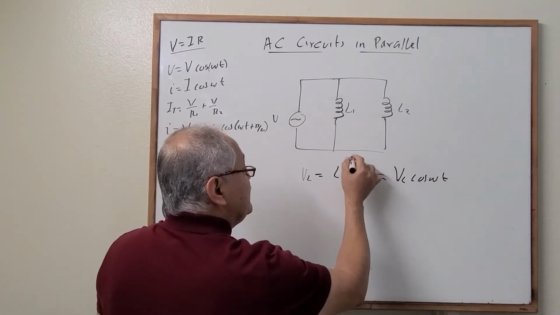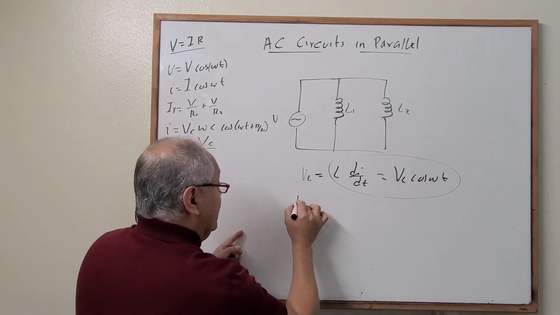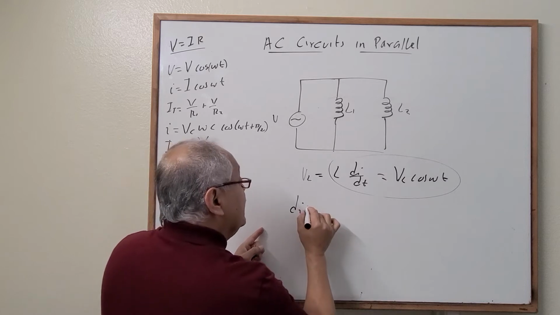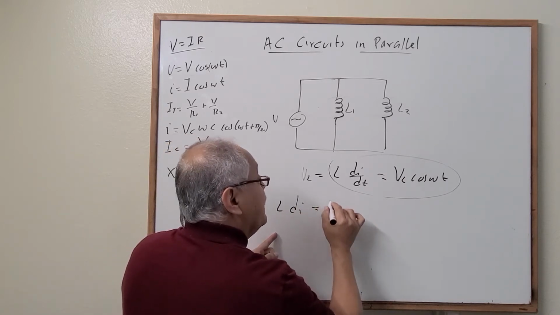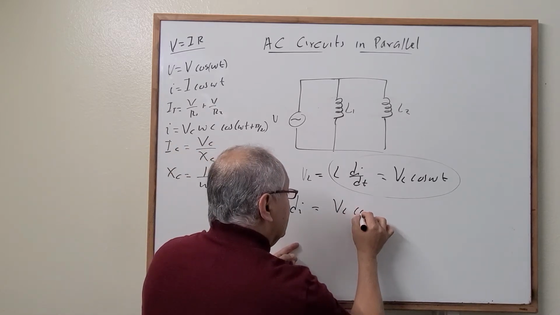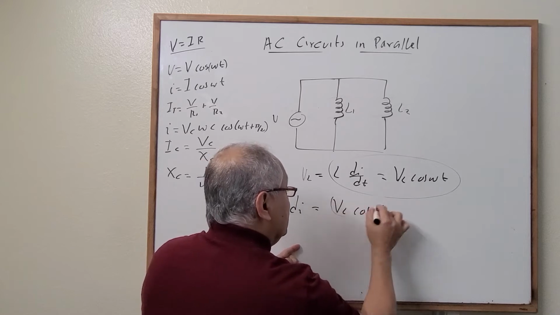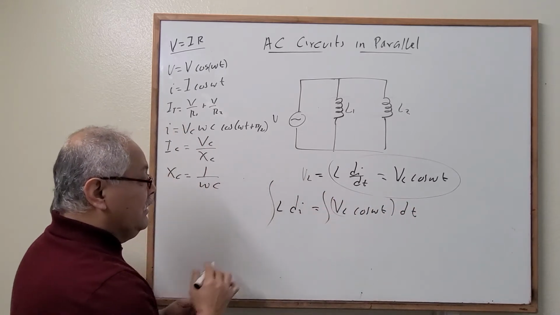Now let's work with this section right here, and let's rearrange it this way. L dI is equal to the maximum voltage of the inductor times cosine omega t dt. Now let's integrate. And what do we have right here?